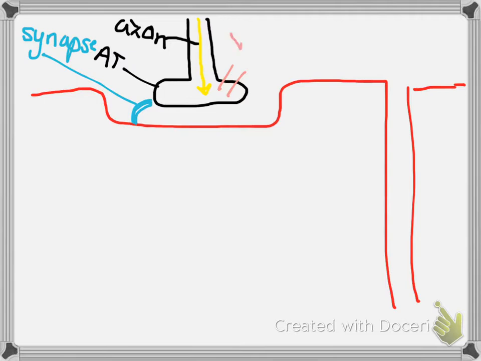So I'm going to put VG, which means voltage gated, and Ca2+. Calcium channel. And now calcium comes in to the axon terminal. So it's a voltage-gated calcium channel.